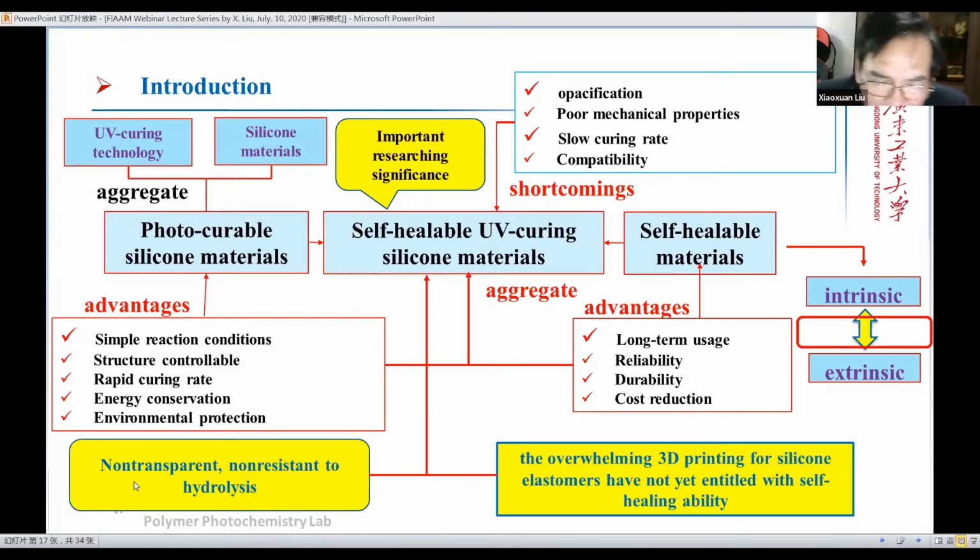Traditional silicones have no repair and no resistance properties. We have developed a way to overcome this, preparing 3-dimensional printable silicone elastomer with healing abilities.